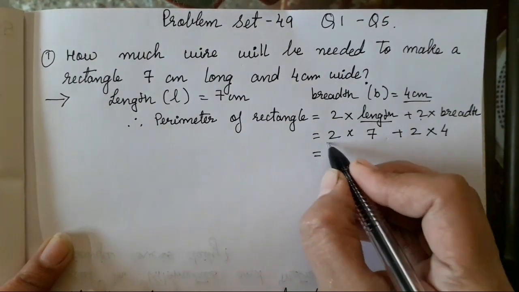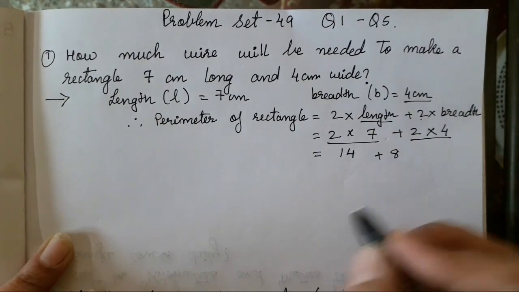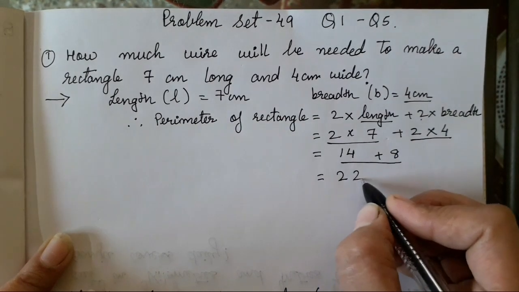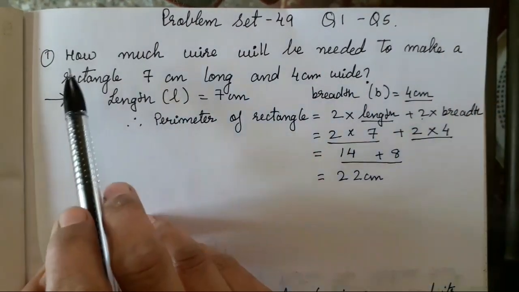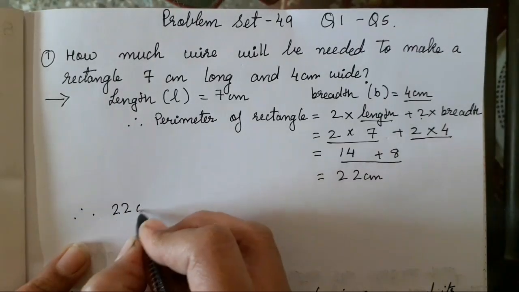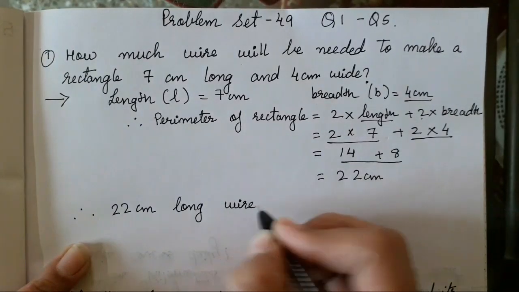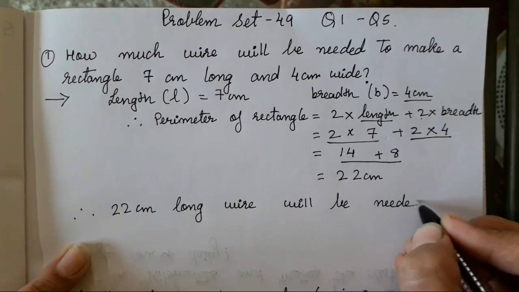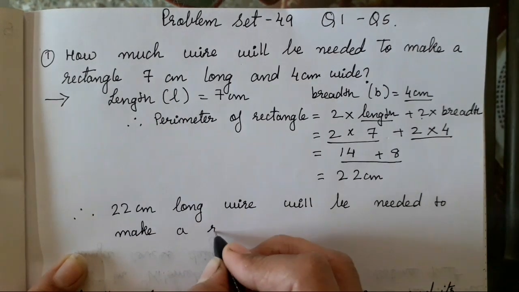Now 2 7s are 14, 2 4s are 8. When you add these two numbers, you are going to get 22 centimeter. So for the question they asked, how much wire will be needed to make a rectangle? 22 centimeter long wire will be needed to make a rectangle.